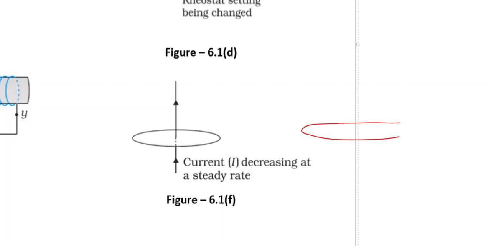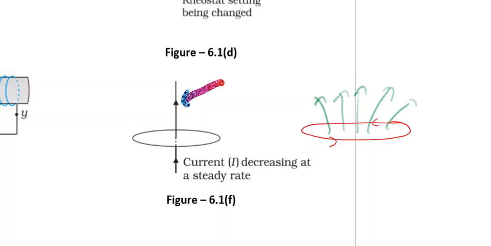So if I consider that this is the loop and current is passing through it, and there is flux linked with it because of its own current, then it is a case of self-induction. But in this case, this is the induced current and the current which is passing through it. And if you look at the magnetic field of the wire, it would be like this.